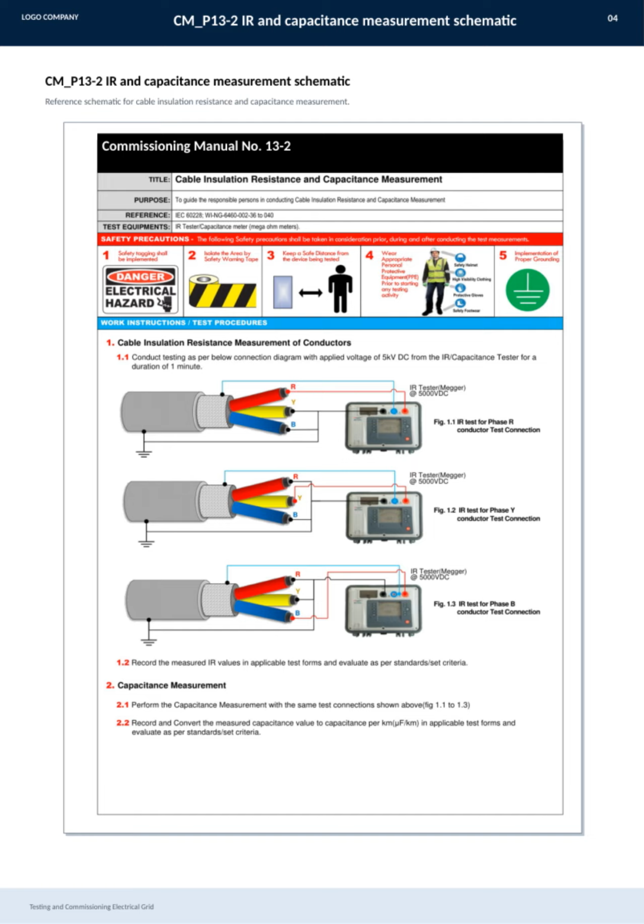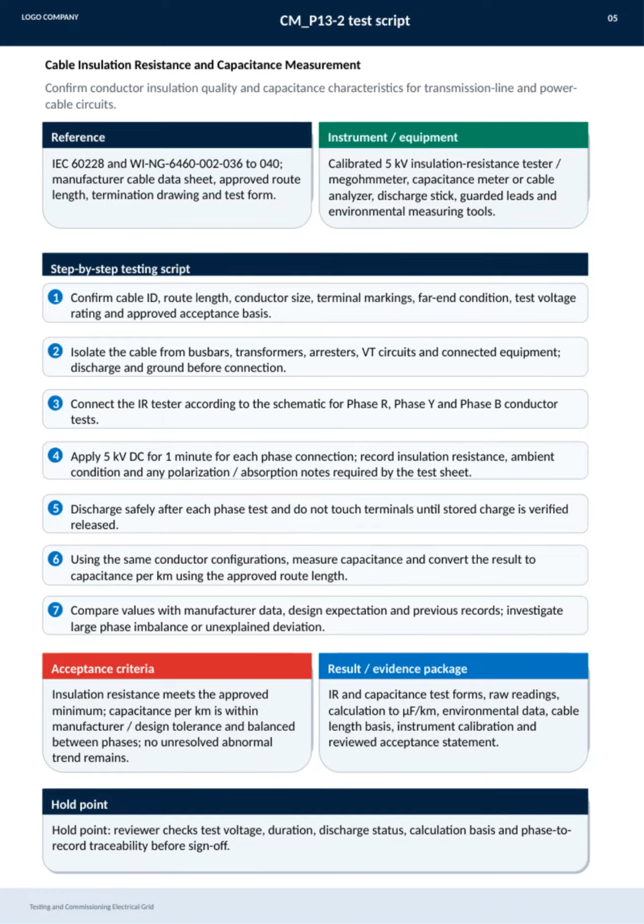On this slide, we focus on testing and commissioning the electrical grid, specifically measuring cable insulation resistance and capacitance. The main goal is to confirm the quality of conductor insulation and capacitance characteristics for transmission lines and power cable circuits. We base our procedures on international standards like IEC 60228, manufacturer data sheets, approved route lengths, and detailed drawings.